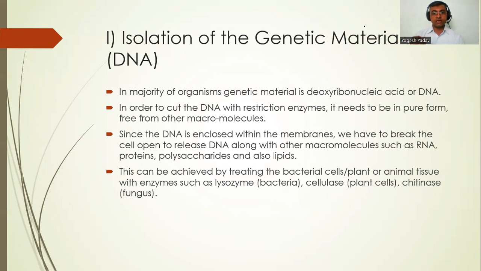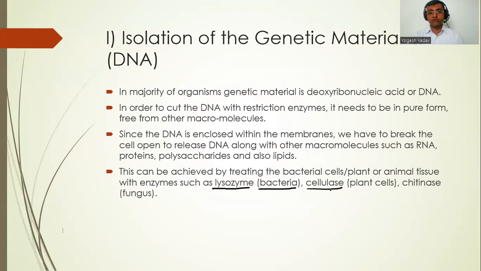There are various types of cells, such as bacteria, plant or animal tissue, or there may be any fungus also. So we use various enzymes to destroy or remove all those membranes in which this DNA is protected. In case of bacteria, we use lysozyme. In case of a plant cell, the outer layer, the cell wall, contains cellulose.